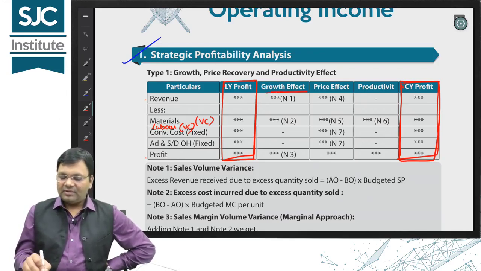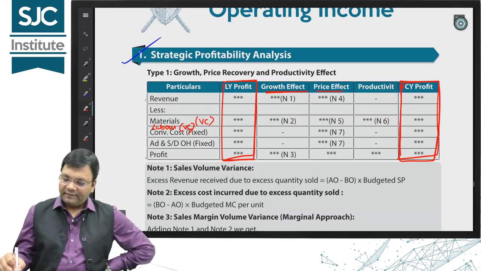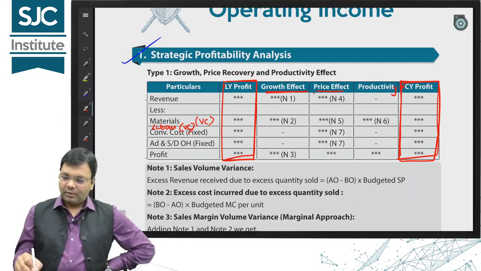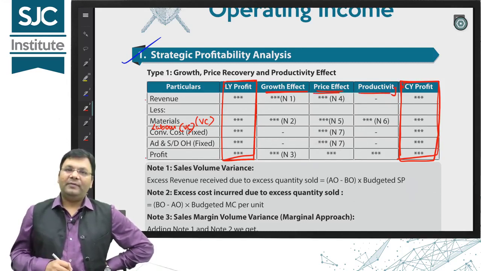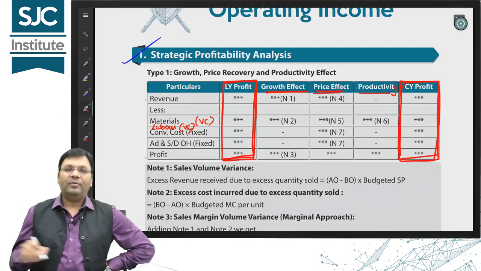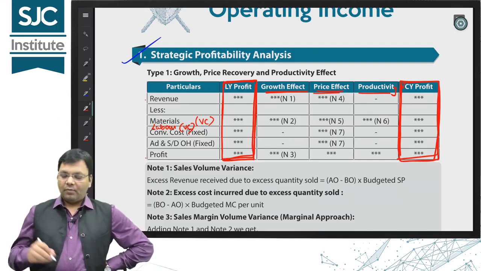The three columns are growth effect, price effect and productivity effect. What is growth effect?